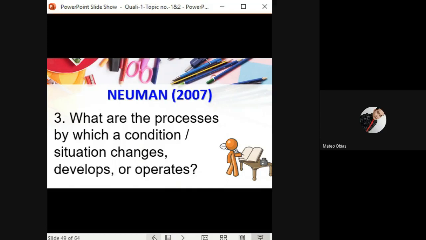So, those are the factors that justify the conduct of qualitative research. I will repeat: credibility, validity, transferability, dependability, and confirmability. These are the reasons for conducting qualitative research.